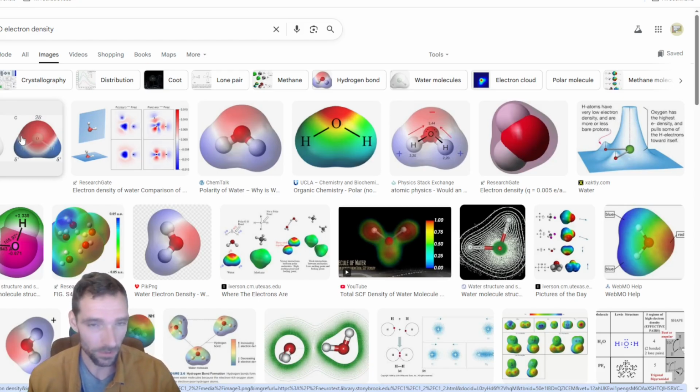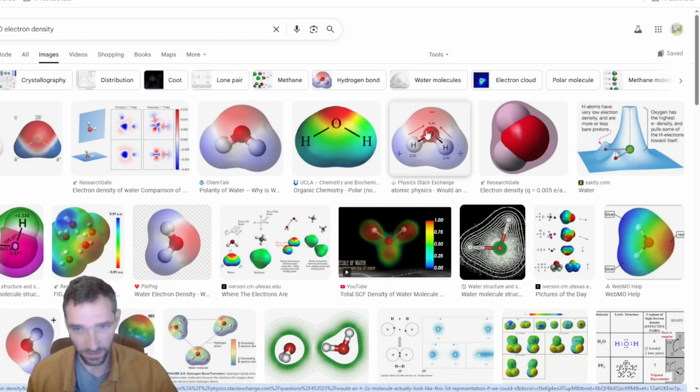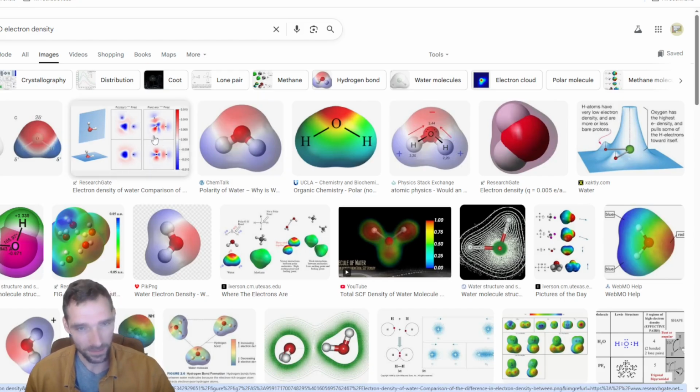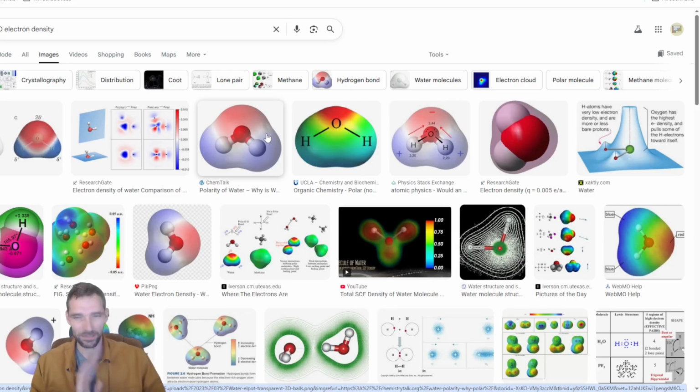You may be familiar with its Lewis dot structure where you've got some dots near the oxygen showing those electrons there, but it is more accurate to show it as a color difference. So this might be a negative area and a positive area for the molecule, and some neutrally charged areas in between where it's not super negative, not super positive, but somewhere in between.